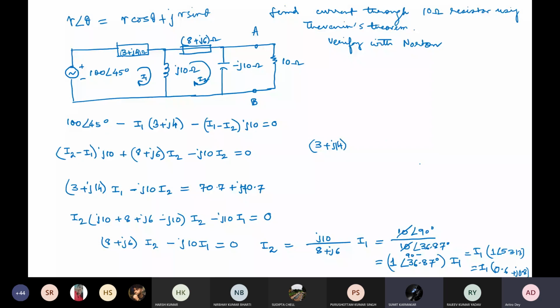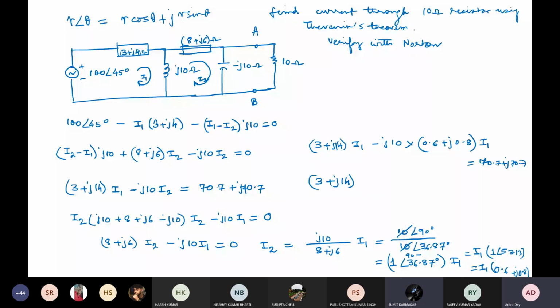So we can put it as I1, and then j10 into I2, we can write as 0.6 plus j0.8 into I1, that is equal to 70.7 plus j into 70.7. Now we can solve it.